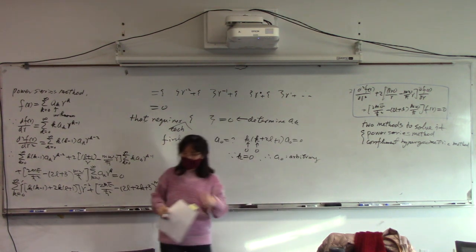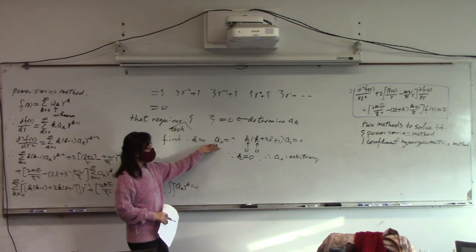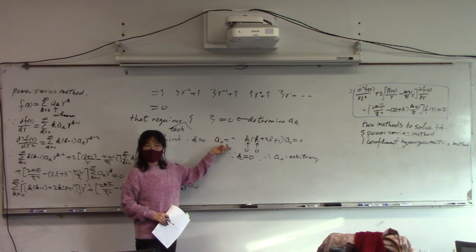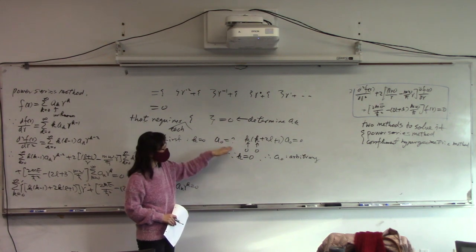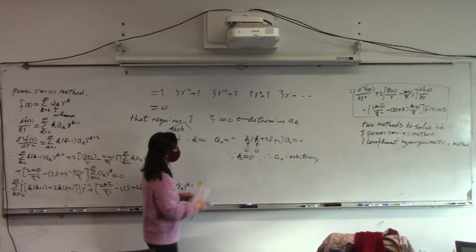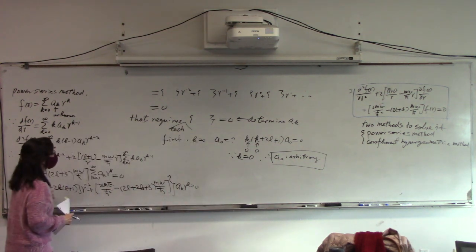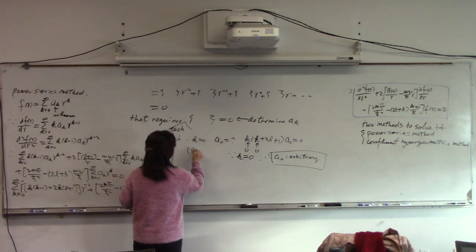Since 0 multiplied by anything is 0, in this equation we do not know how much a naught is. There is no restriction on a naught. It is arbitrary, non-zero, or maybe 0. They depend. So this is the first conclusion, from this r minus 2 term.